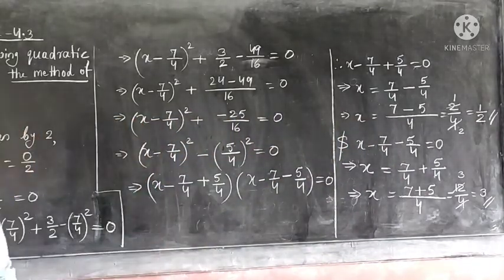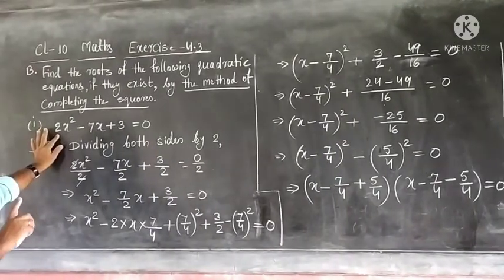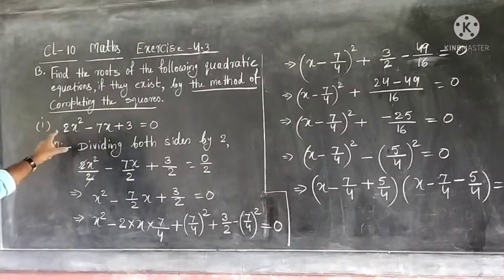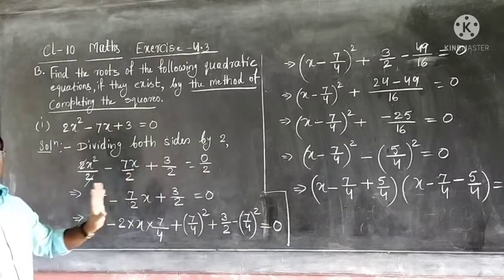So, the completing the square method is also easy, only in two places we need to think properly. First is how to make the first term a perfect square, if it is not a perfect square, what to do so that it will become a perfect square. So, here we divided by 2.